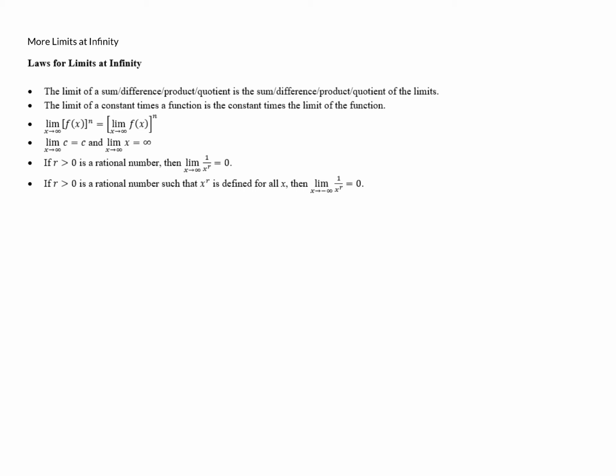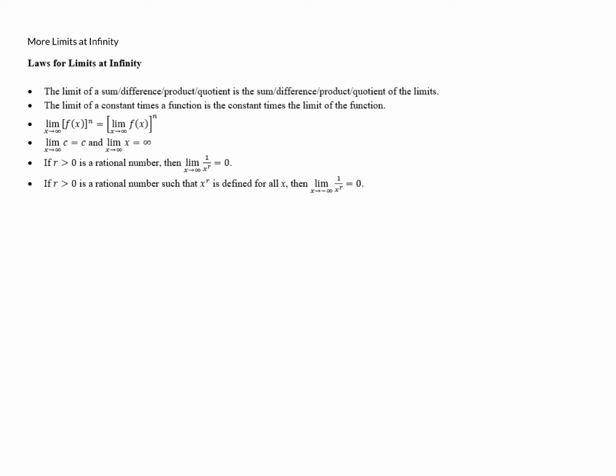So if this was 1 over x squared or 1 over x cubed, or 1 over x to the 4th, the limit as x approaches infinity is 0. I think that makes sense because the denominator is growing as x grows, and when you've got a fraction where the numerator is constant and the denominator is growing arbitrarily large, that value is going to get closer and closer to 0. And this is true for all rational values of r greater than 0.